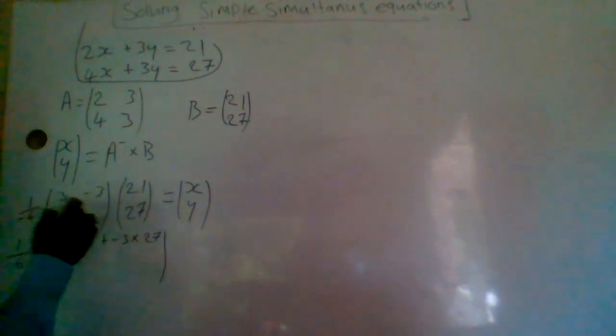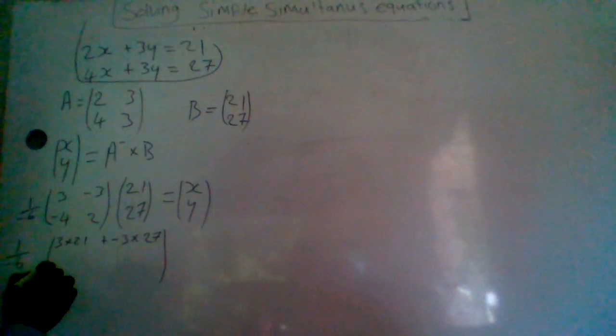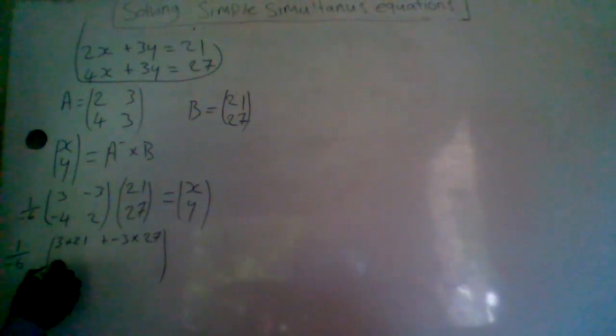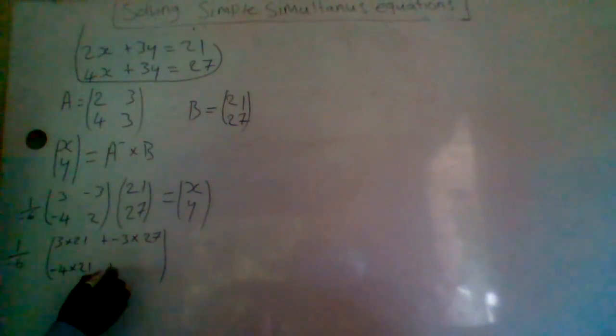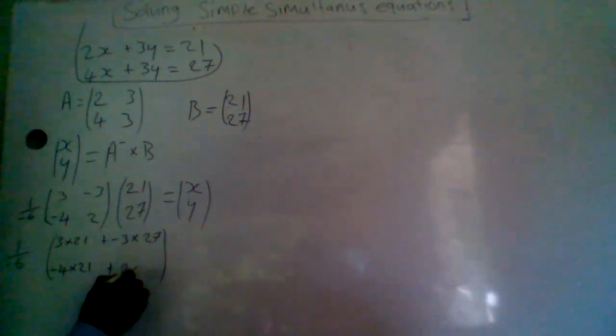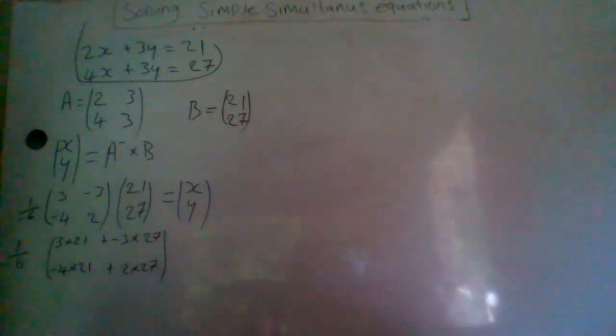That's for row 1, column 1. Then we'll have negative 4 times 21 plus 2 times 27.